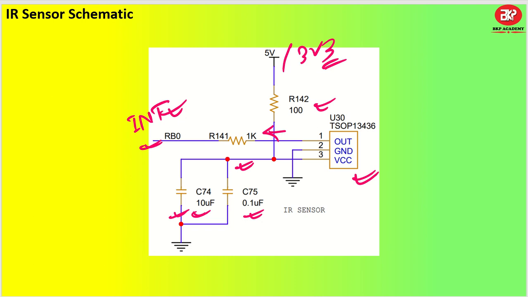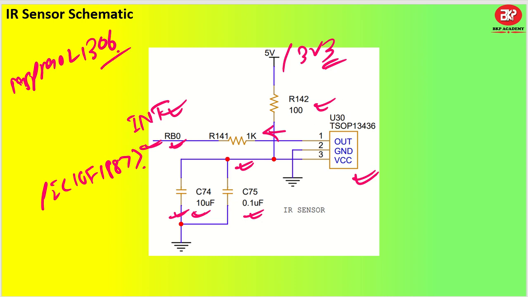Since I was using the PIC 16F series 18877, I have to be very particular about the RB0 pin. If you want to utilize the MSP M0L1306, for which I have developed a lot of applications, you can utilize any pin there.